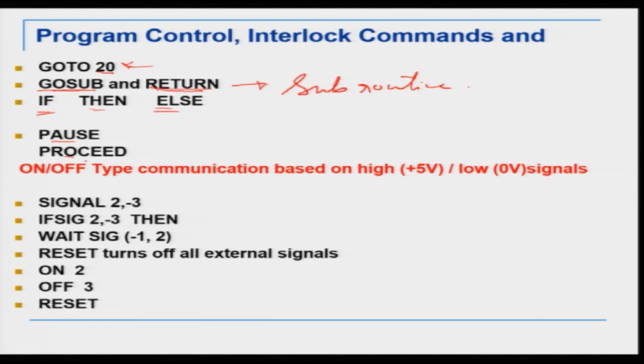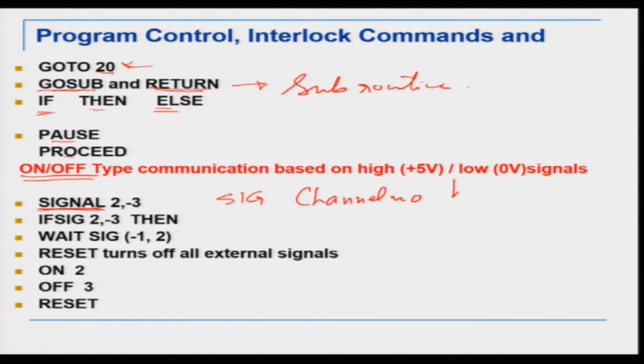Now, how these on-off signals are used is by using the command which is called signal. SIG stands for signal. Then we have a line number or a channel number, and then it is high or low.